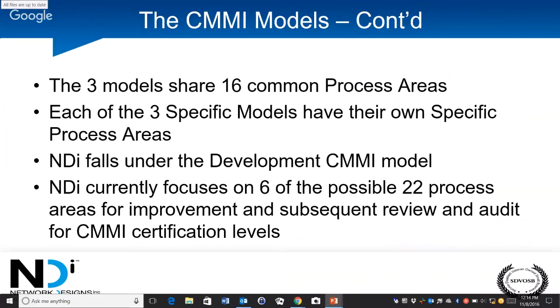Likewise, the development area has its own areas in addition to the 16 commons. NDi falls under the development CMMI model. We are going to currently focus on 6 of the possible 22 process areas for improvement and subsequent review and audit for CMMI certification levels.